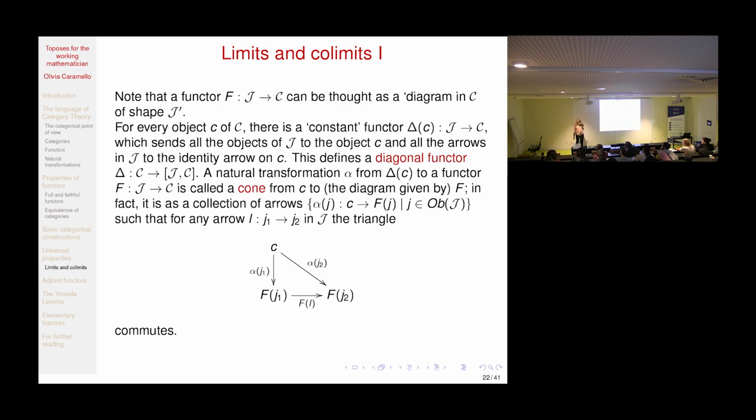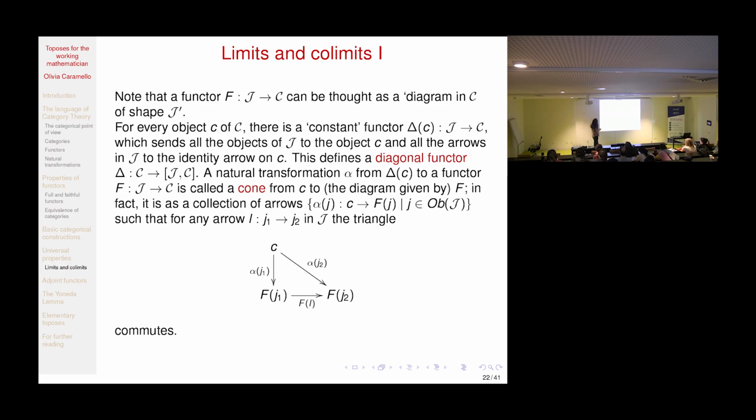Well, it will be just a collection of pairs of objects related by arrows like this. Okay. So, of course, here I have taken two very simple shapes, but you can take arbitrary shapes. So if you want to formalize the notion of diagram in full generality, you just take a functor.